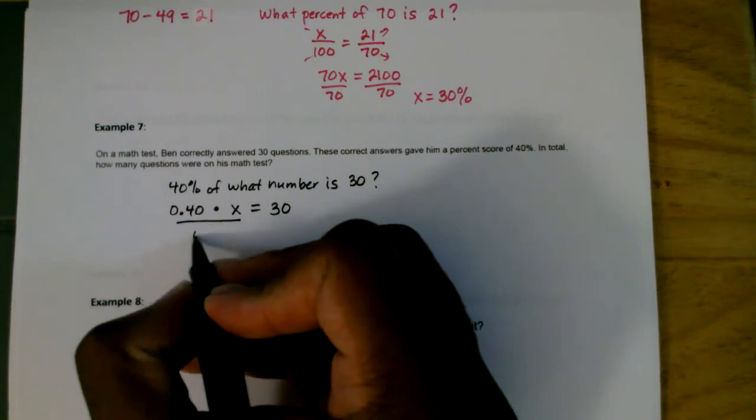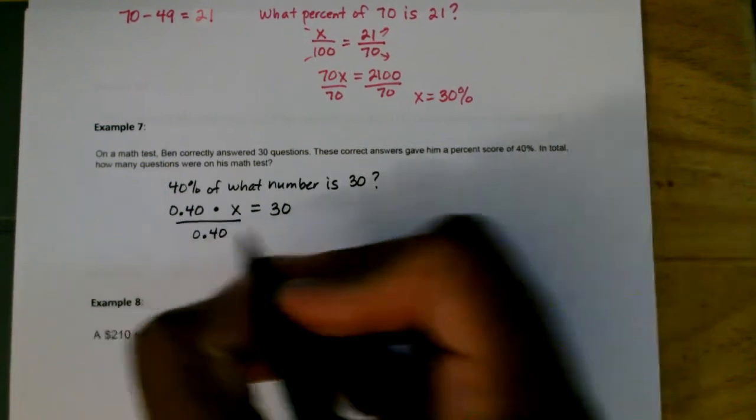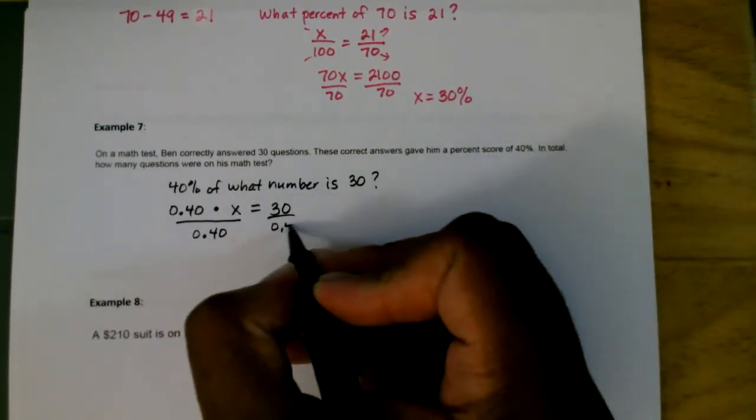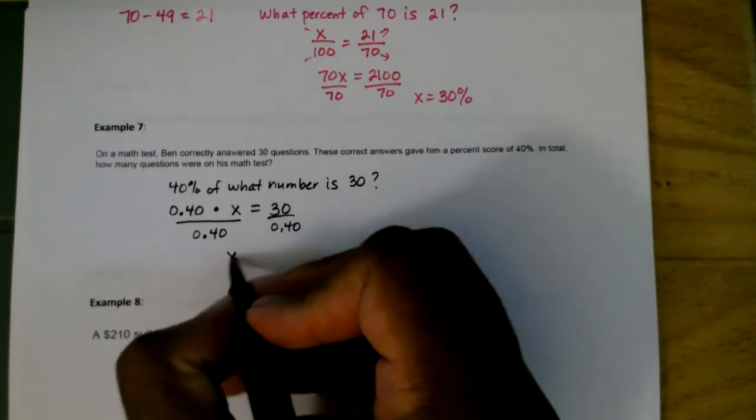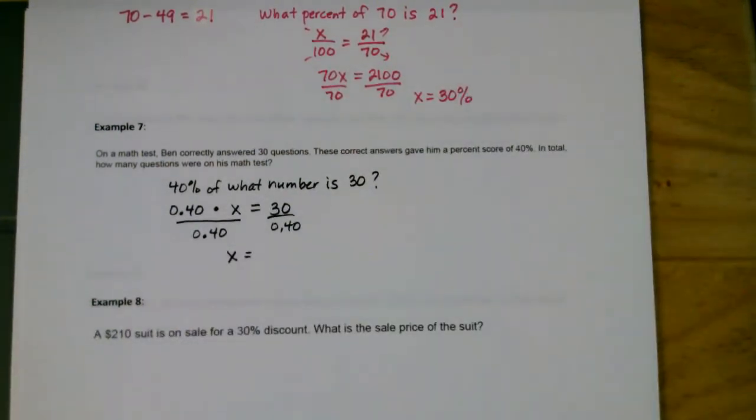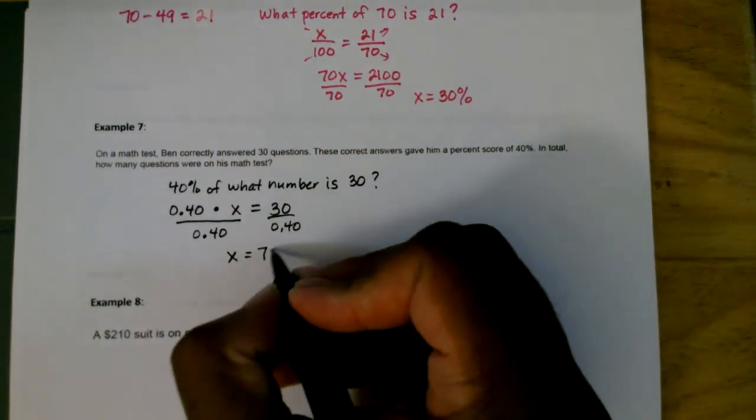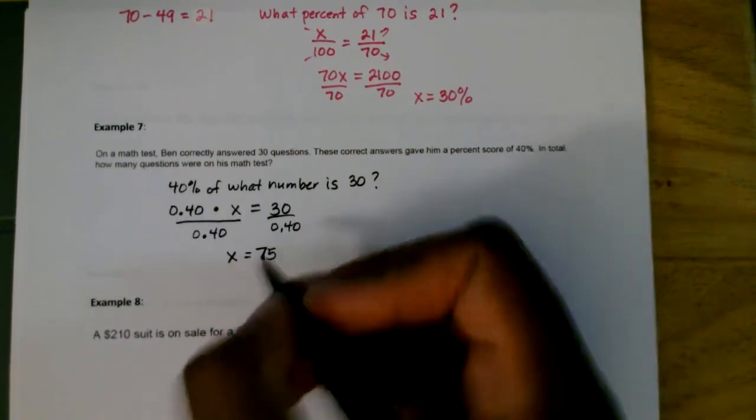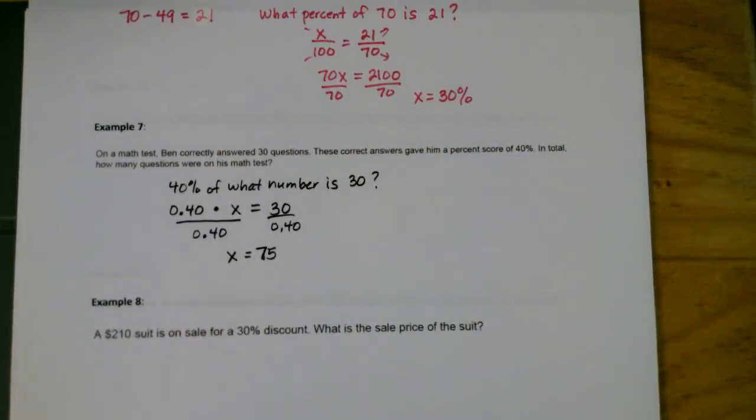And then to solve for x, I'm going to divide both sides by 0.40. So x is equal to 30 divided by 0.40, which gives me 75. So in other words, on his math test, there were 75 questions. But he correctly answered 30, and that gave him a percent of 40%.